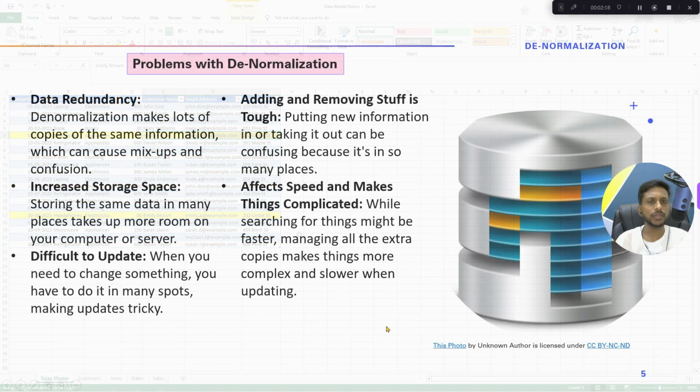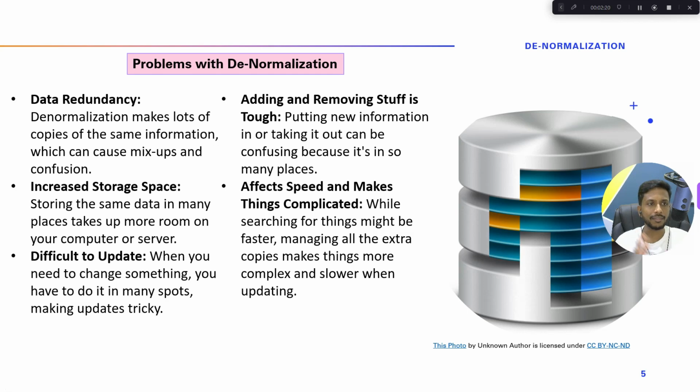The problem with denormalization is data redundancy, where the same information is repeated many times, and over time it increases the storage space. Not only that, it is very difficult to update.